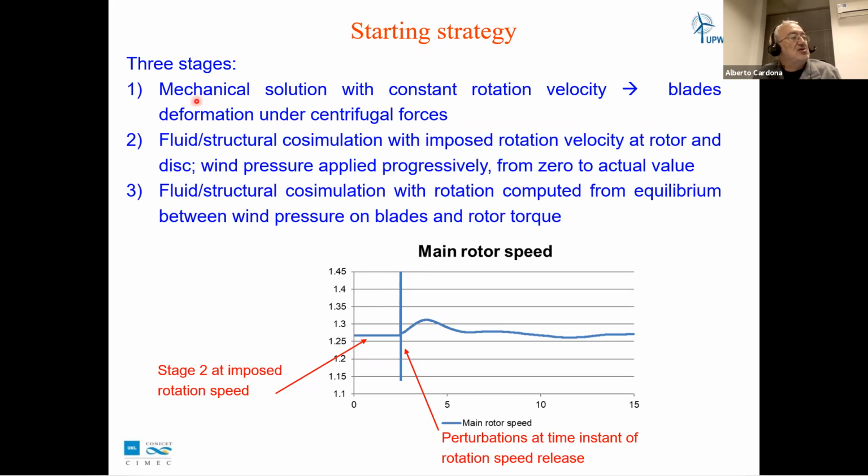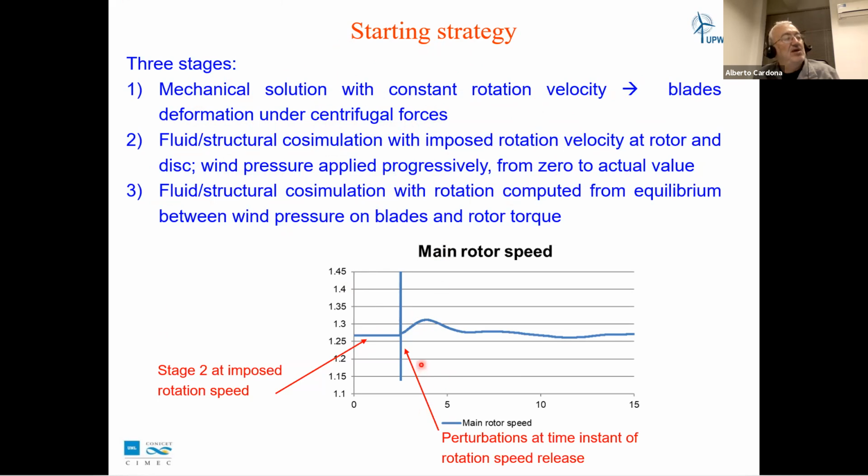In order to start the computation, first we compute a mechanical solution with a constant rotation velocity in which the blade's deformation under centrifugal forces is obtained. Then we impose the rotation velocity and very progressively apply the wind pressure from 0 to the actual value.